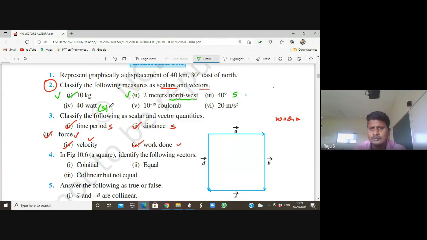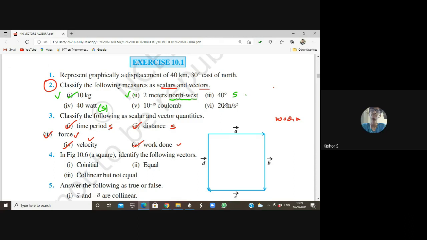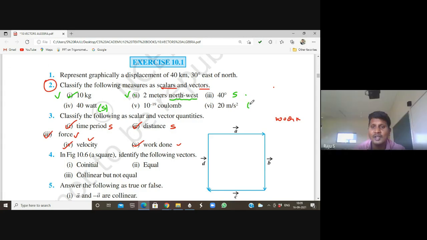Yes or no? Students. Then what about this, 20 meter per second square? It is clearly vector. Then what about 10 to the power of minus 19 coulomb?